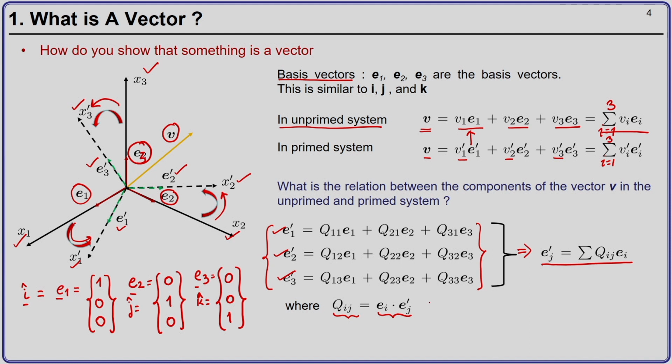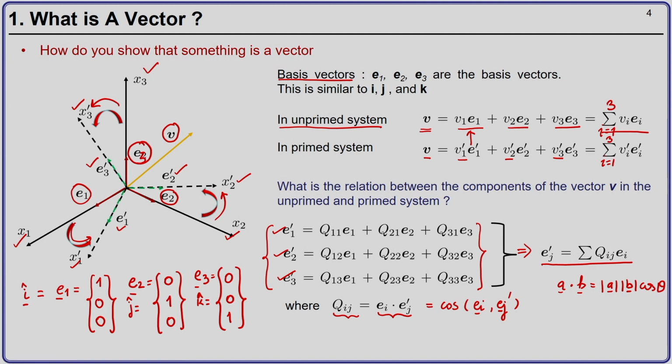Okay. Because both Ei and Ej dash are unit vectors, this would be nothing but the cos of the angle between Ei and Ej dash, because you know that A dot B is nothing but magnitude of A into magnitude of B into cos of theta, where theta is the angle between the vectors.